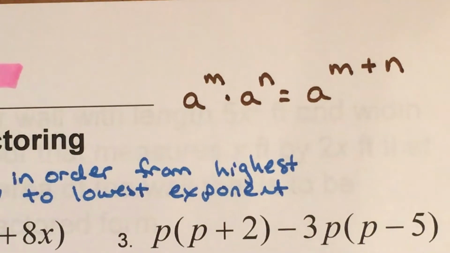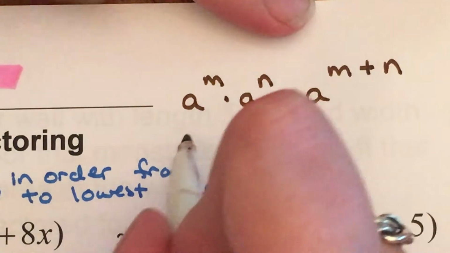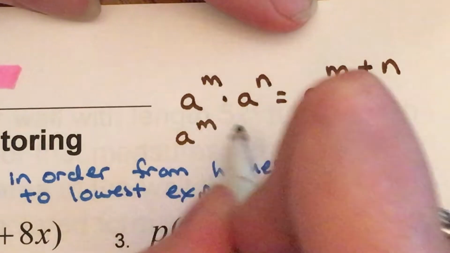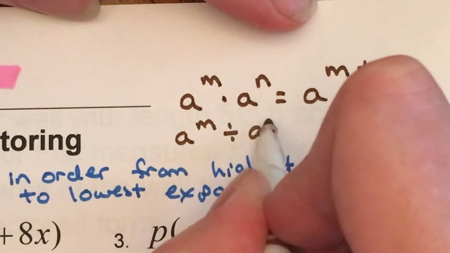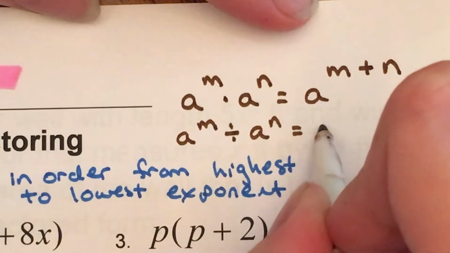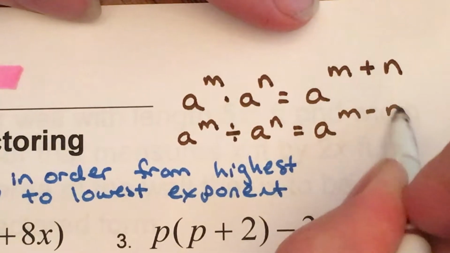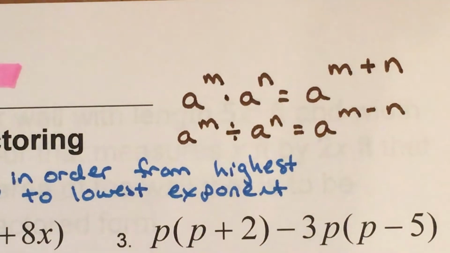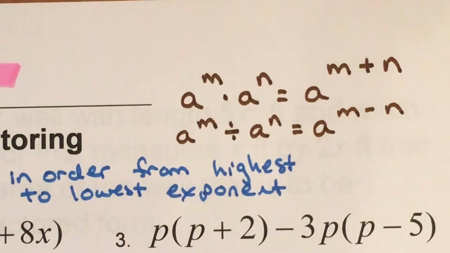So we'll even write its converse out. a to the m divided by a to the n, this is where you subtract the exponents. We're going to have to use those skills today.